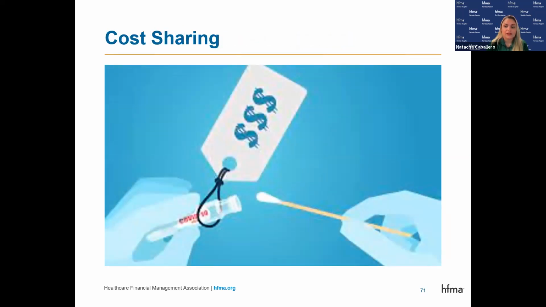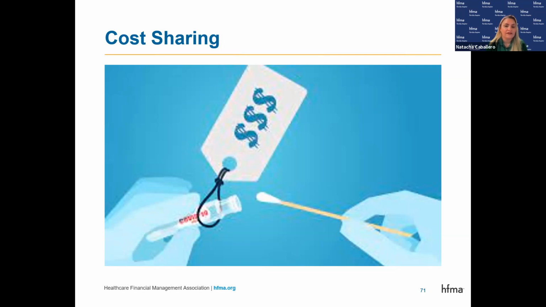Cost sharing. For the scenario where a patient is tested in an ED, emergency department, physician office, urgent care, or other ambulatory location and not admitted to an acute setting, cost sharing for the visit, including the testing, is waived.